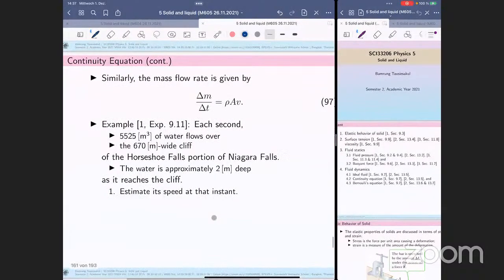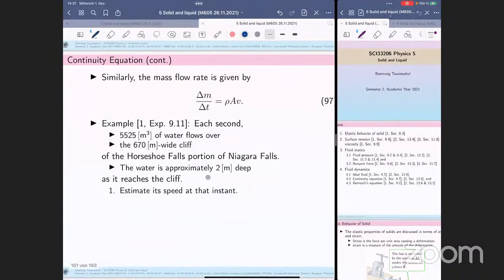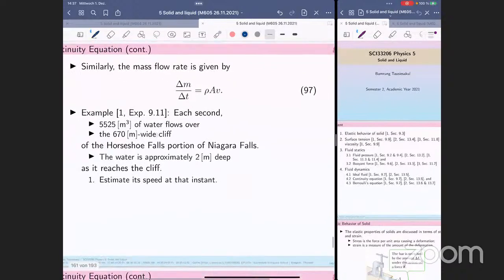Okay, let's start with the first example about the continuity equation.